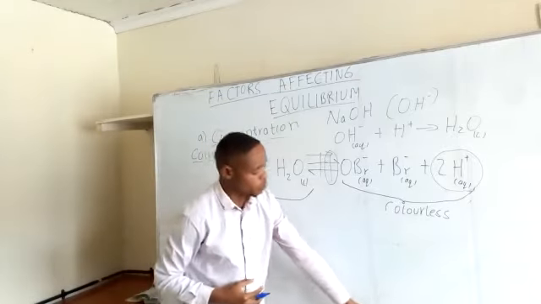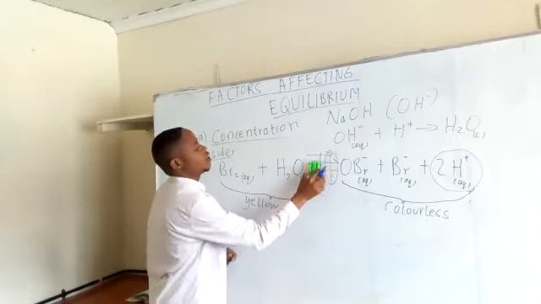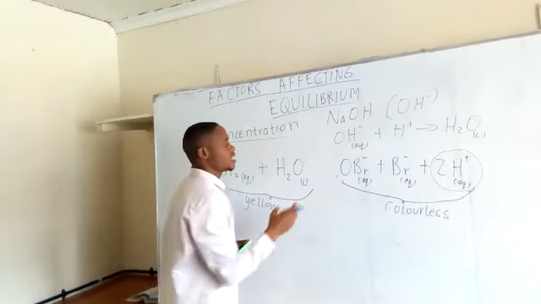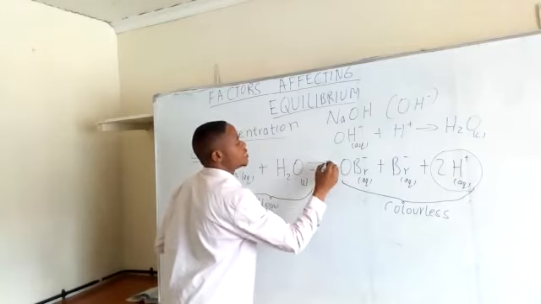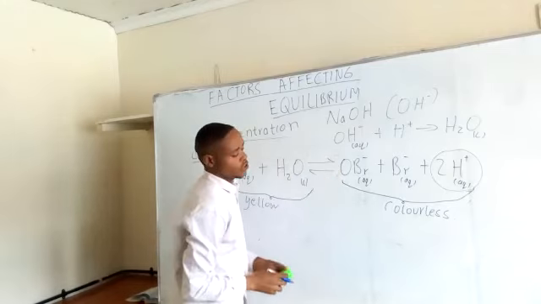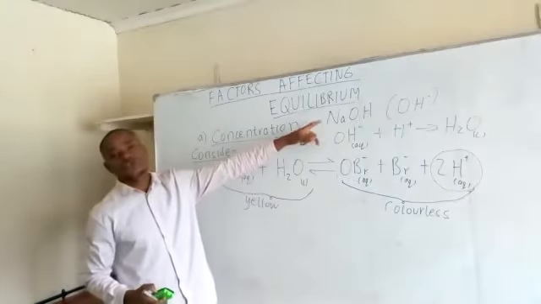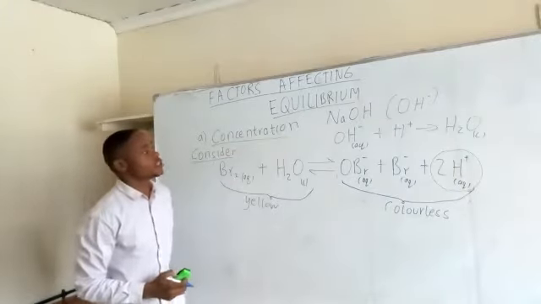Next, instead of reducing the concentration of hydrogen ions, this time round we are going to increase the concentration of the hydrogen ions. And how shall we do that? We're not going to introduce sodium hydroxide, we will introduce an acid.